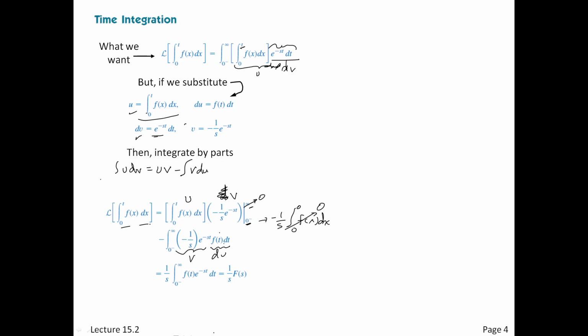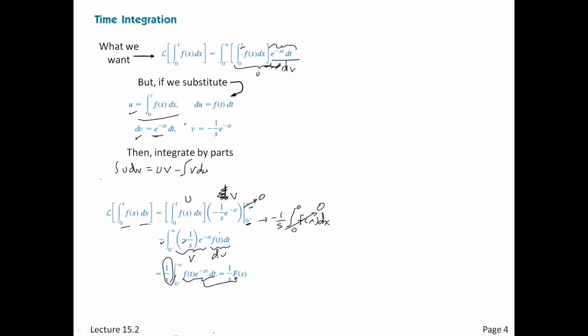Oh, but we've done that before. We've seen this. So we take out the minus 1 over s times minus, so this and this yields 1 over s, now times the integral of f of t e to the minus st dt. Oh, but that's F of s.